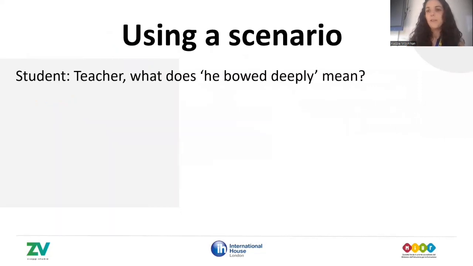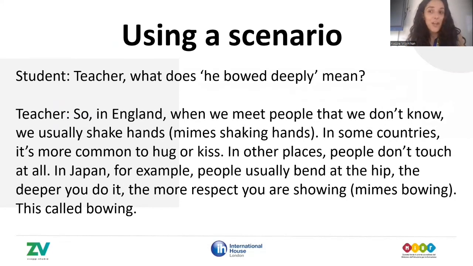So the student says to the teacher, "Teacher, what does 'he bowed deeply' mean?" The teacher responds, "So, in England, when we meet people that we don't know, we usually shake hands.